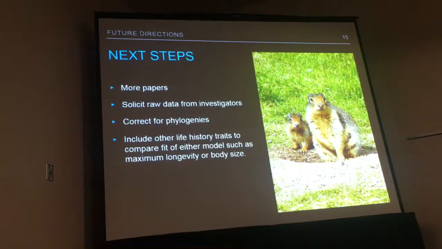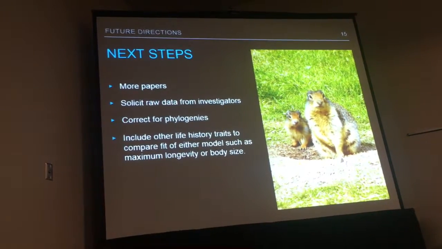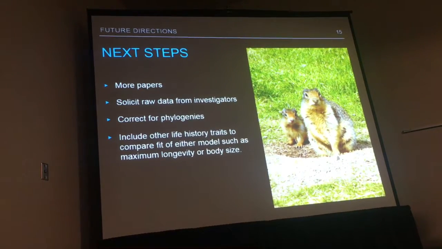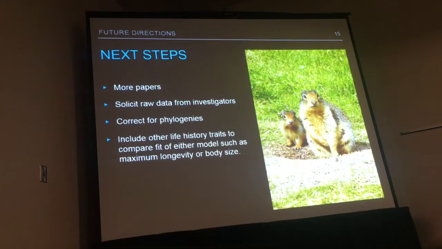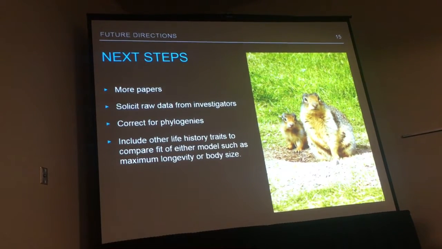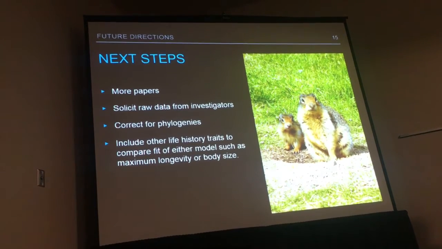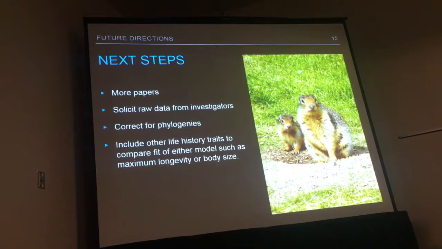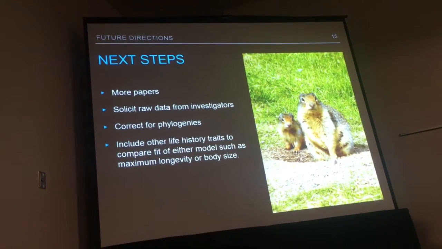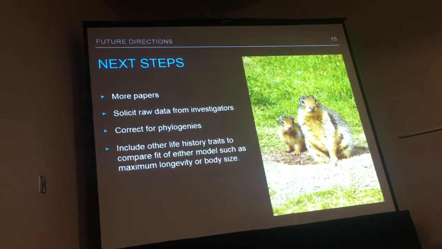One thing I didn't do in the previous analysis was correct for phylogenies, and I'm looking to do that in future analyses. Lastly, I'm going to include other life history traits. We looked at post-hatching care, the presence or absence of conspicuous maternal care, and I'm also going to look at other life history traits, such as maximum longevity and body size, and see if this changes the fit of the evolution models.